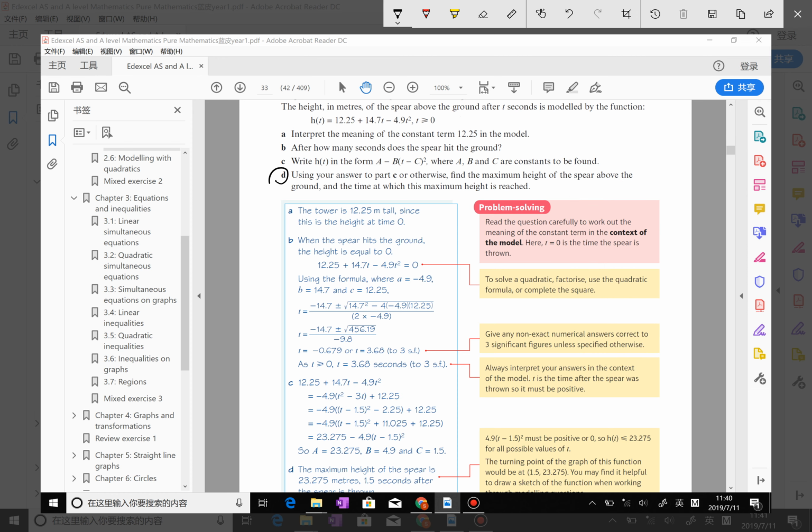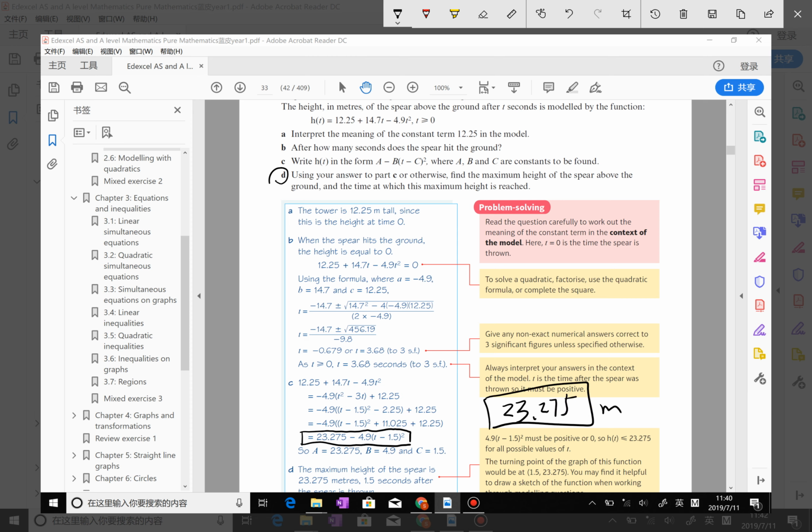Look at D. Use the answer to part C to find the maximum height of the spear above the ground. We have already finished the square form. So what's the maximum height? It is 23.275 meters.